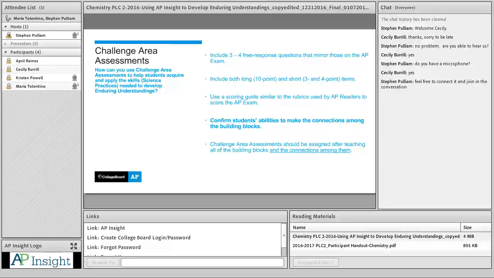I either assign those as homework or classwork, and then we discuss the answers. With the challenge area assessments, I don't give the whole thing. Sometimes there will be 2 to 3 or 3 to 4 big questions, and I will just choose number 2, for example, or number 1. But I usually do it before I give the actual chapter test.